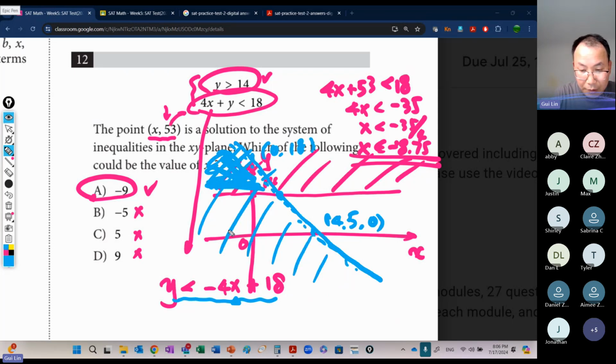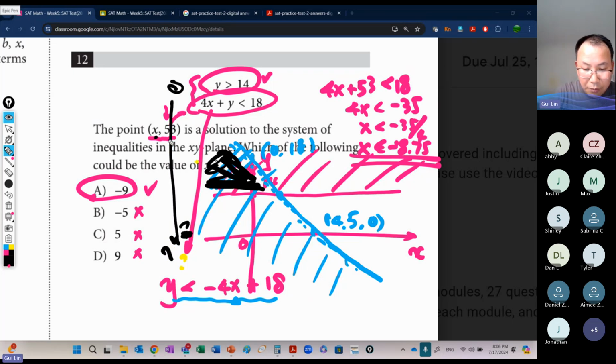So for 53, you see x is right, y is 53 somewhere very high, somewhere here, and the x should be somewhere here, should be close. So we put this one, to make this equation make sense. So we can get this part. This is the quick way. If you do graphing, it definitely takes too long. We take some strategy to make it a little bit easier.